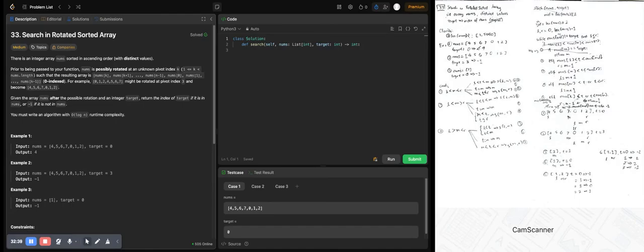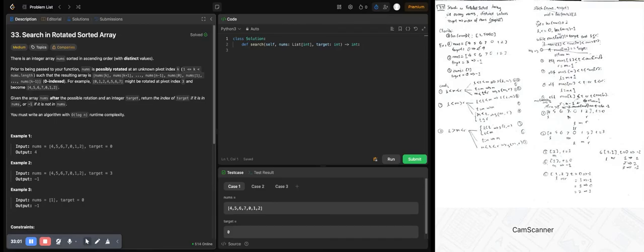And then I'm gonna check if, wait, well, the first one is not needed at all. I'm gonna delete that. So the second if target is between left and mid, then we search the left half.